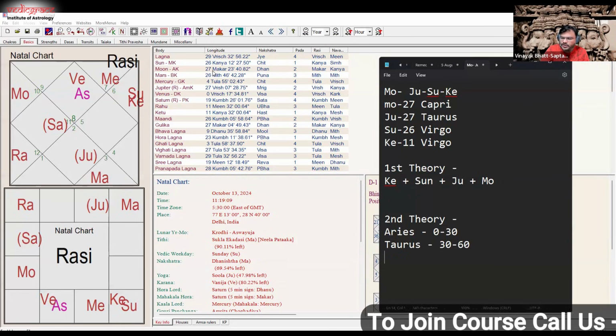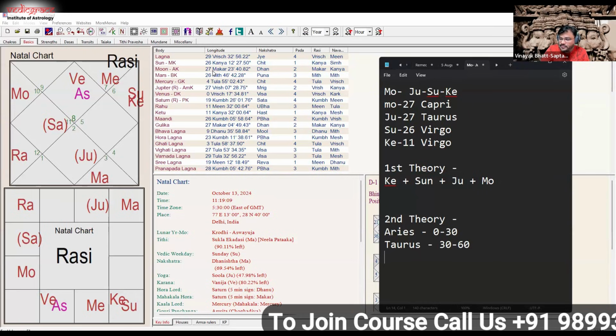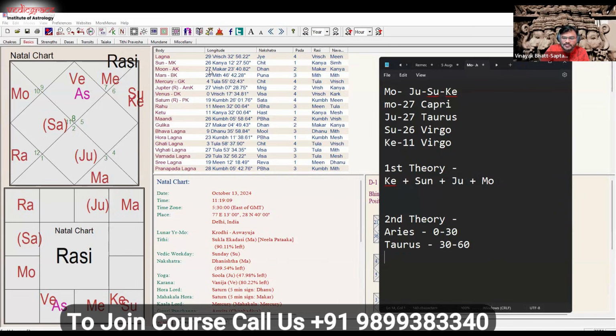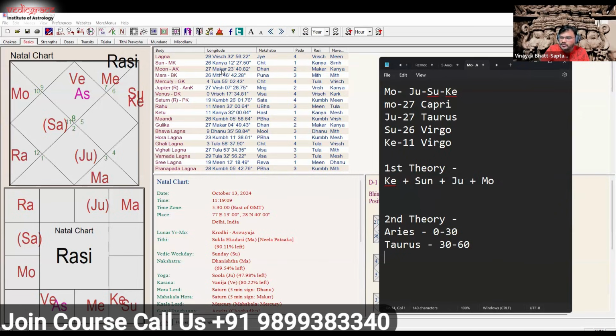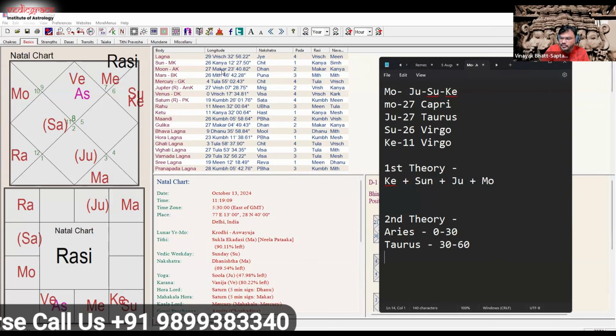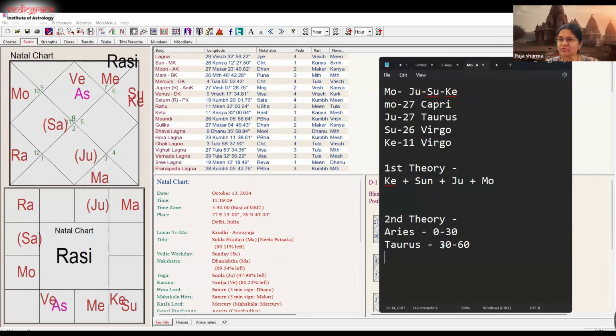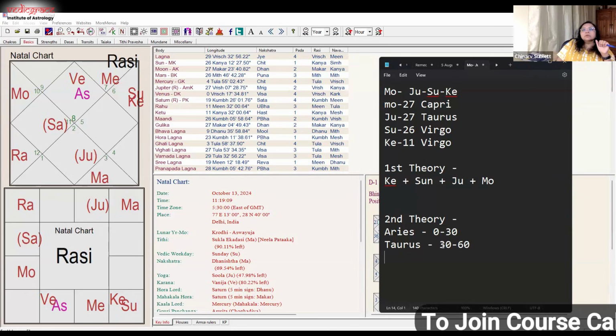But now you are all students of jyotish, so you should know the basics. When I say Moon is 27 degree Capricorn sign, Makara Rashi means Capricorn. What does it mean? Capricorn sign, which degree? 270 to 300 degree. This is a range.